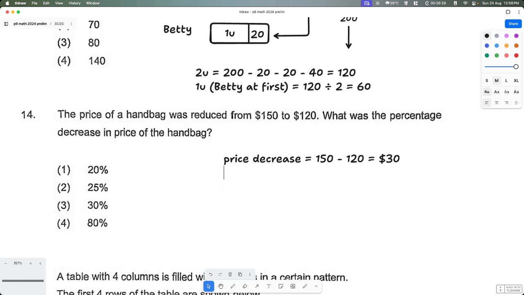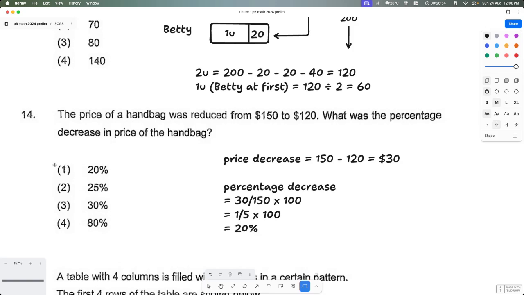So that means percentage decrease is 30 divided out of 150 times 100. So this is basically 1 out of 150 divided by 30 is 5, times 100, which is 20%. Okay, there you go. So it's also option number 1 in this case.